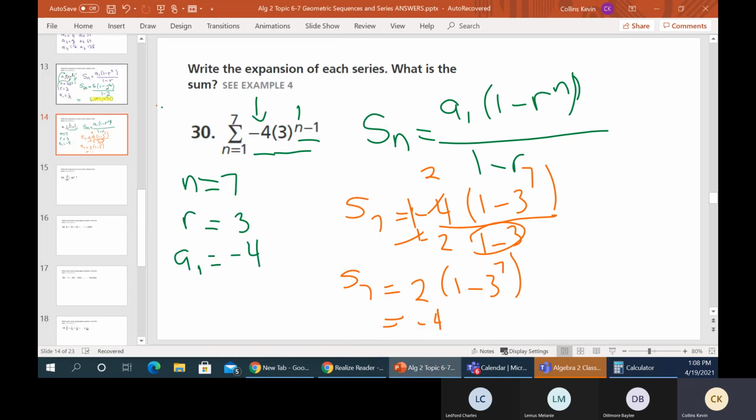So minus 4372, and a big old negative sign in front of it. Okay? You would have got the same answer if you'd done that part and then took it times -4 and divided it by -2. You'd have got the same thing. Okay? Questions?